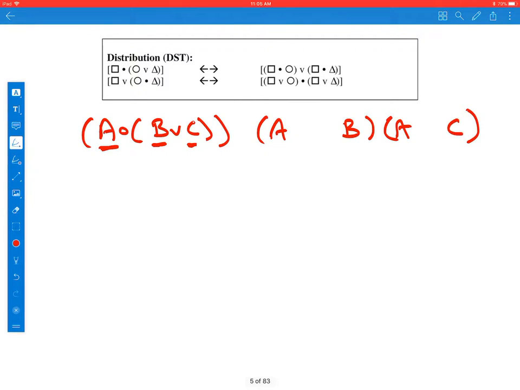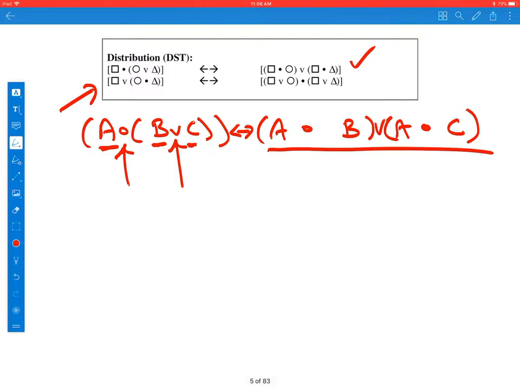We're going to split this A up with the B and with the C. And now notice that the AND is the main logical operator. That main operator becomes the minor operator when we distribute, and the minor operator, which is the OR, becomes the major operator. So if you have an instance of what's on the left, we may convert it to the instance on what's on the right by the rule distribution.